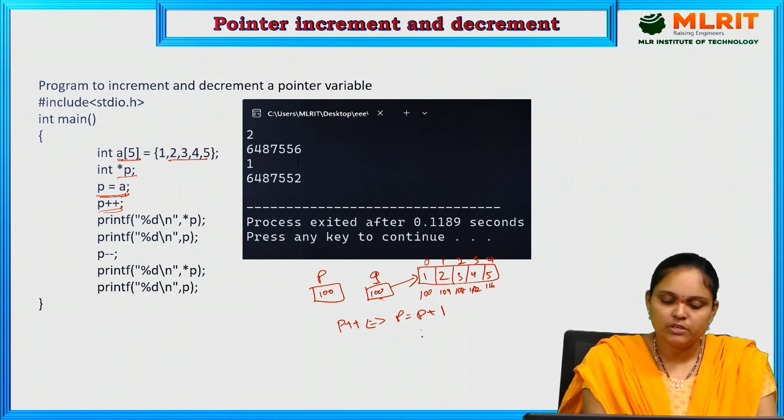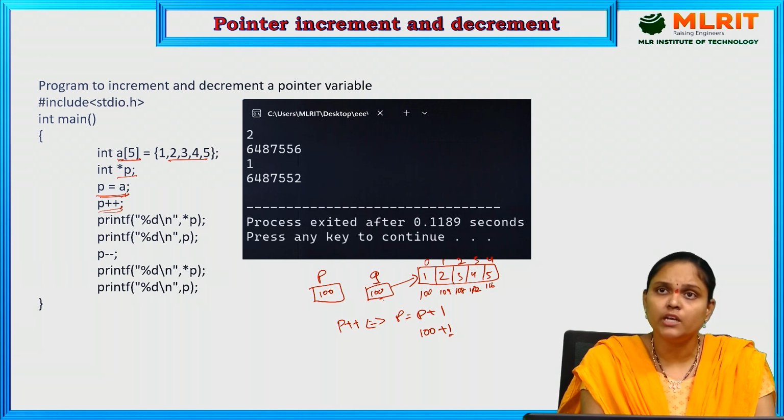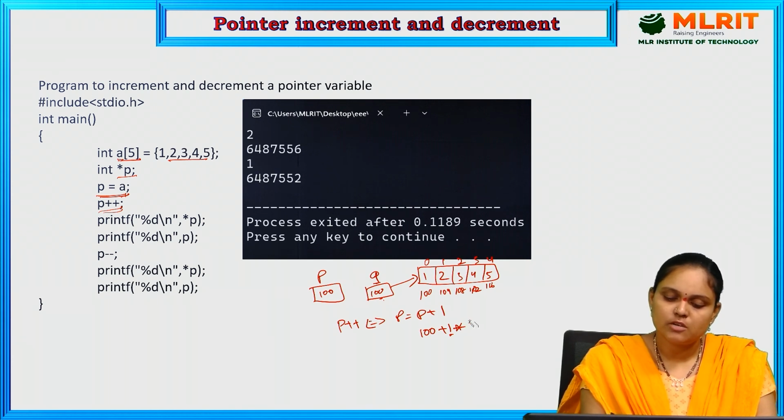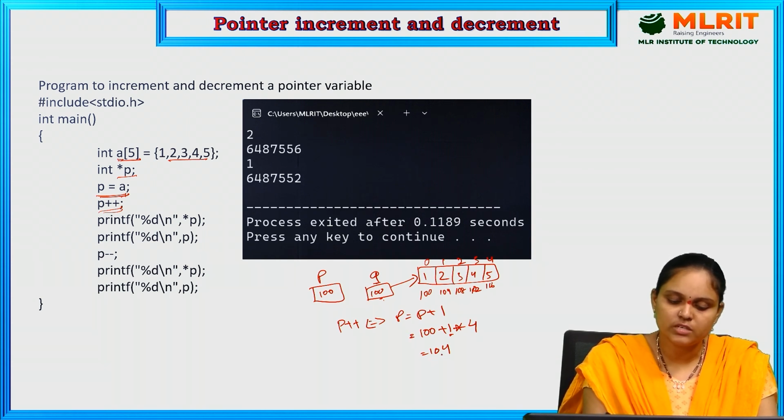So the p value here is 100 plus 1. As we just discussed, if you are adding any integer or constant to these addresses, we need to multiply with the size of the data type. The size of the data type int is 4. So 100 plus 4 is equal to 104. So now this pointer value is 104.